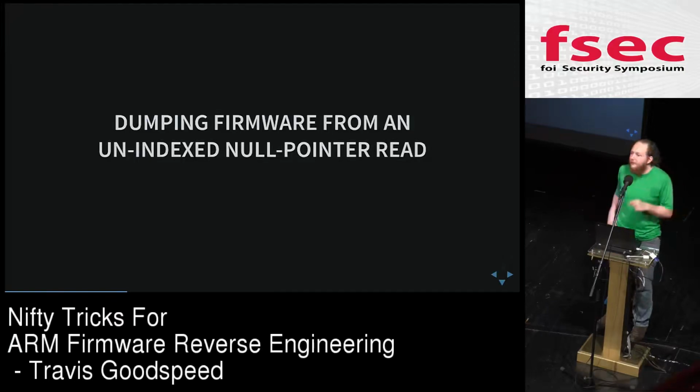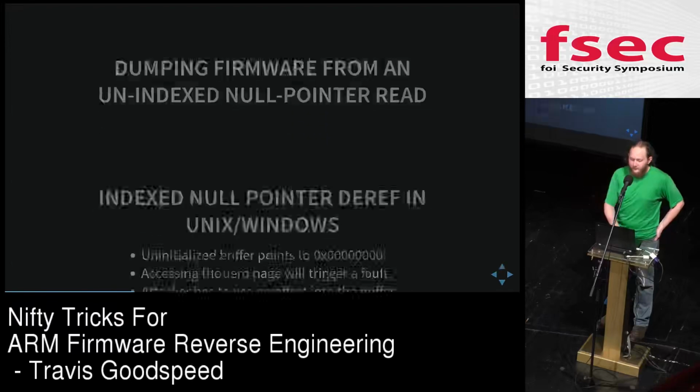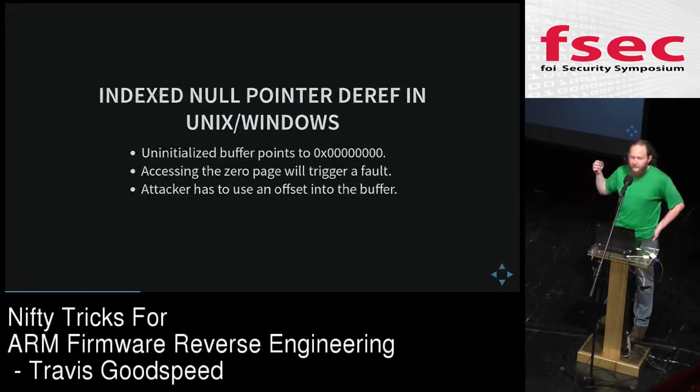On embedded systems, you're very often not allowed to attach a debugger. This device had JTAG locked out, so that you were not allowed to begin debugging it. So the way that I dumped the firmware was through a null pointer dereference. In Windows, when you have a null pointer dereference, that alone is not exploitable because you don't have anything at that address.